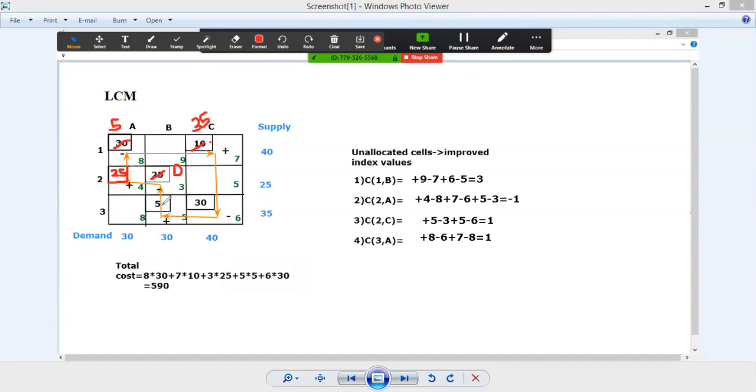Now here we have to add 25. For this particular cell, we have to add 25. Why? Because we have a plus symbol here. So 5 plus 25 will be equal to 30. Let me write here only.